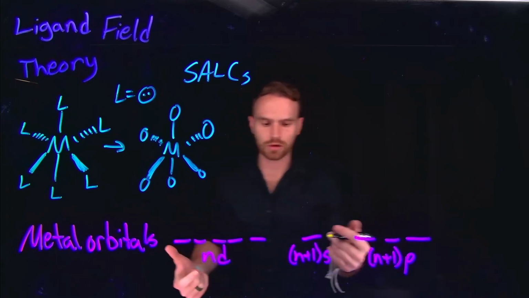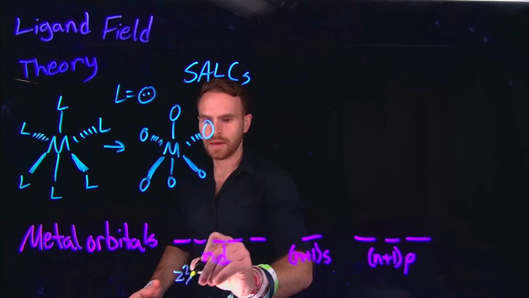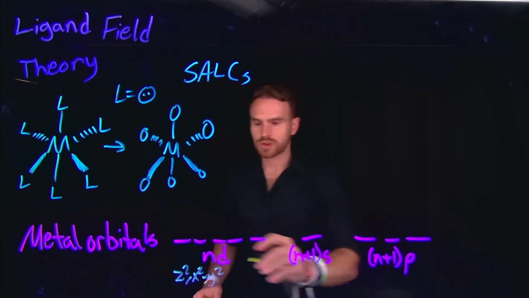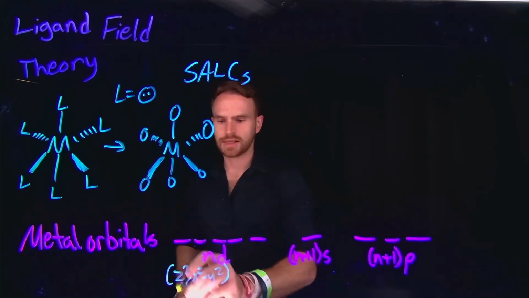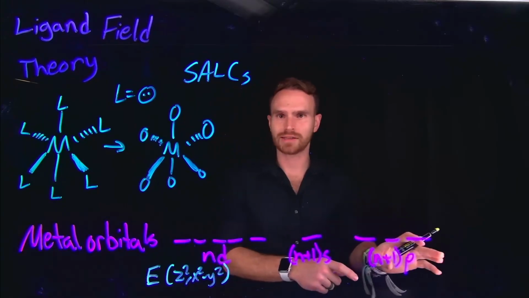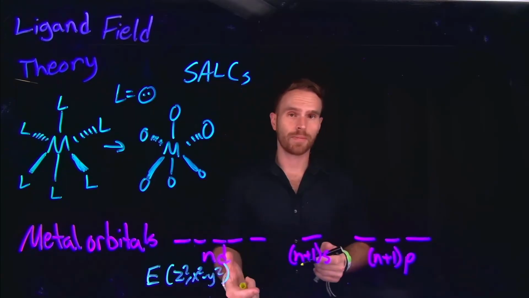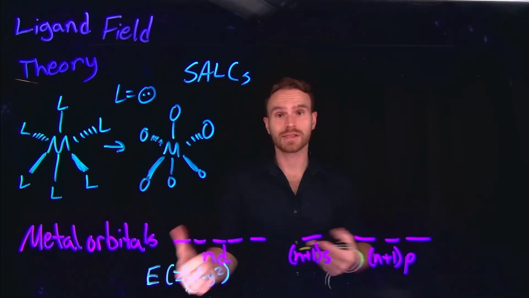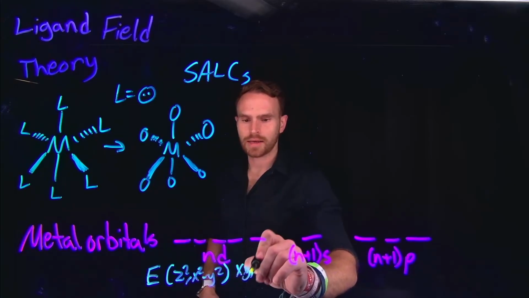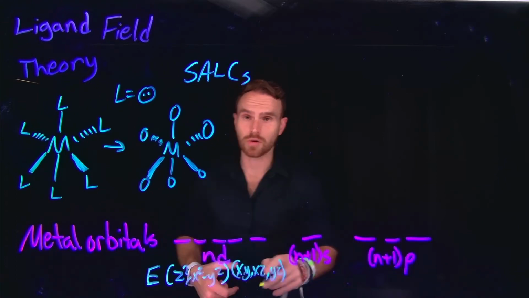And if I were to look this up, I know that I have the z squared and the x squared minus y squared orbitals, and those correspond to the irreducible representation E. So E, irreducible representation, if you look on the octahedral character table, you'll find in parentheses z squared and x squared minus y squared, which makes sense because E means doubly degenerate.